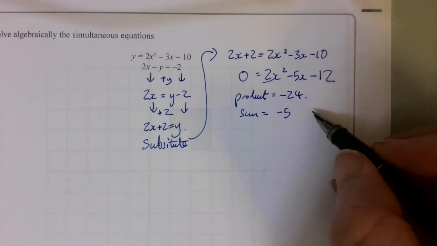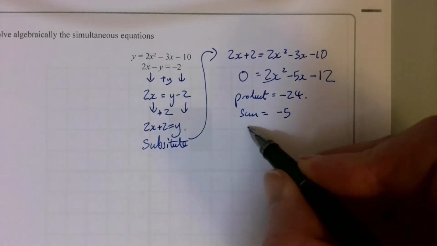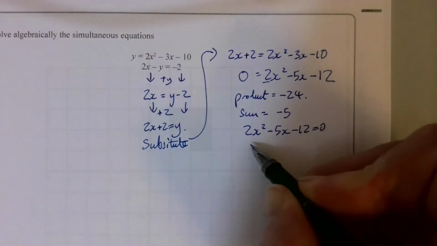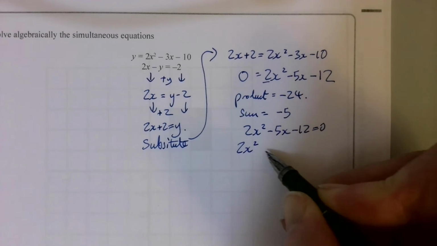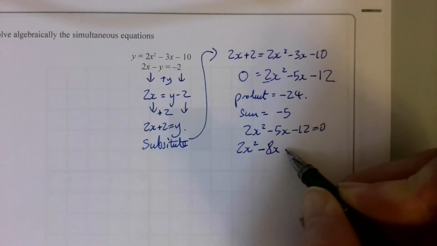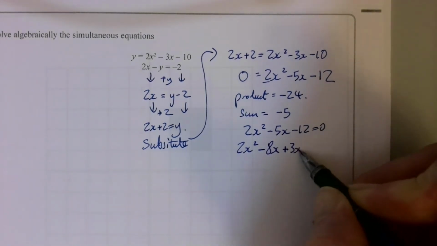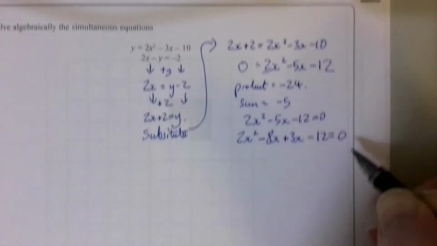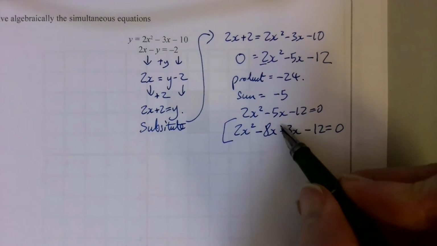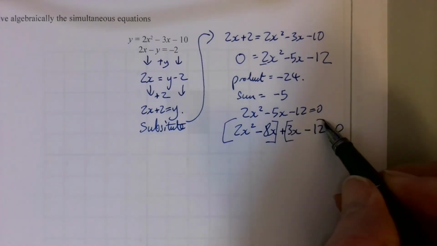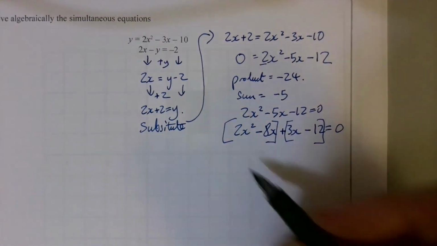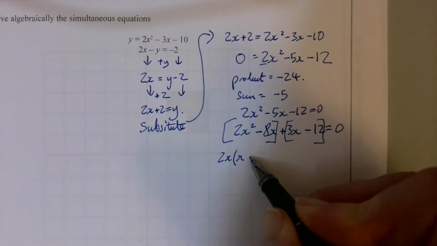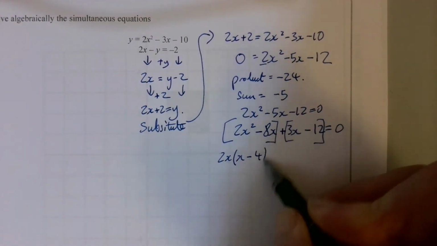So 8 times 3 is 24. So I'm going to say that 2x squared take 5x take 12 equals 0 is the same thing as 2x squared take 8x add 3x, because that makes you negative 5x, take 12 equals 0. I then factorise those two separately. 2x goes into both, so 2x take 4 there.